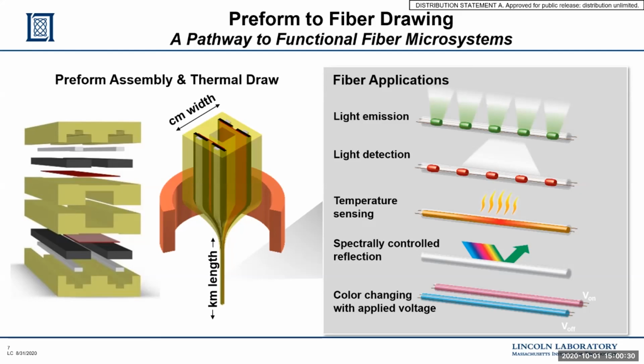On the right-hand side are just a couple examples of the types of functionality that we're interested in incorporating. This is by no means an exhaustive list, but it touches on some areas of interest for us. Light emission and detection are useful for optical communication, also other types of optical sensing, such as heart rate or SpO2. We're interested in a wide range of sensing modalities, so temperature sensing is in there as well.